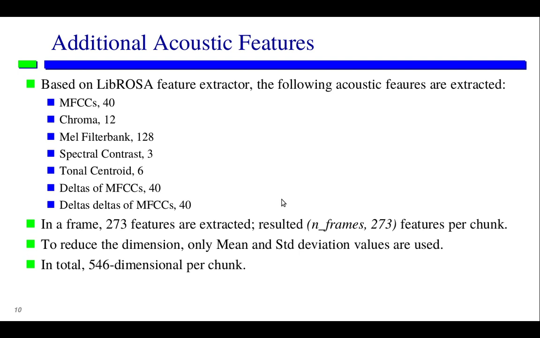And because this feature is very big and the previously provided features are only one vector, I extract the mean and standard deviation from this feature. So the total is 546 dimensional features for one chunk, not one story.